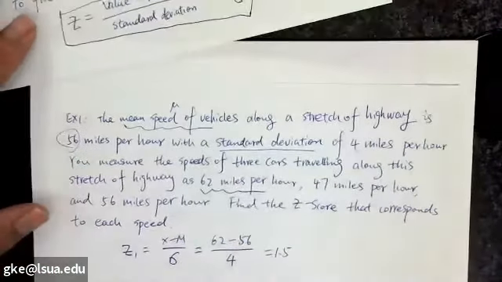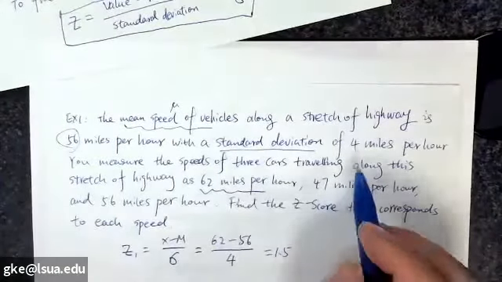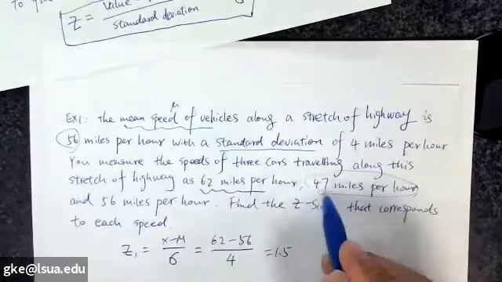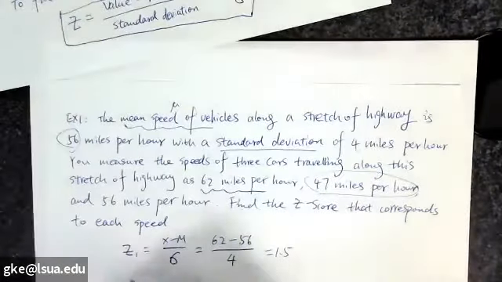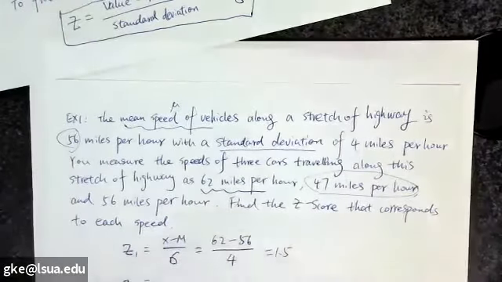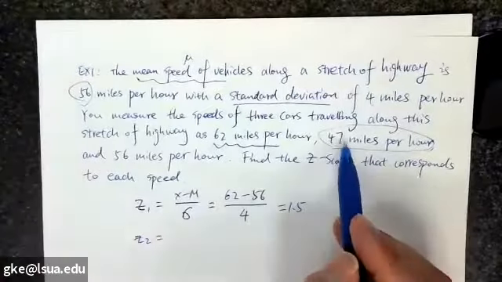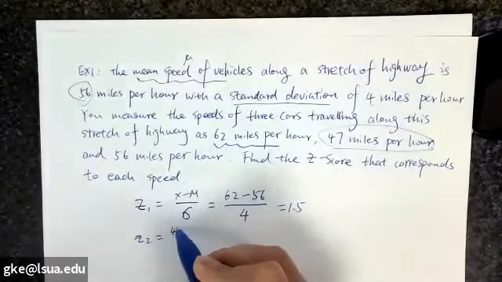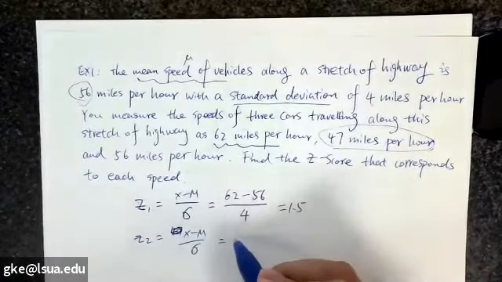Now, how about the second one? How to calculate this one? The same thing. Z2, now the X is going to be 47. Or you can put the formula again.